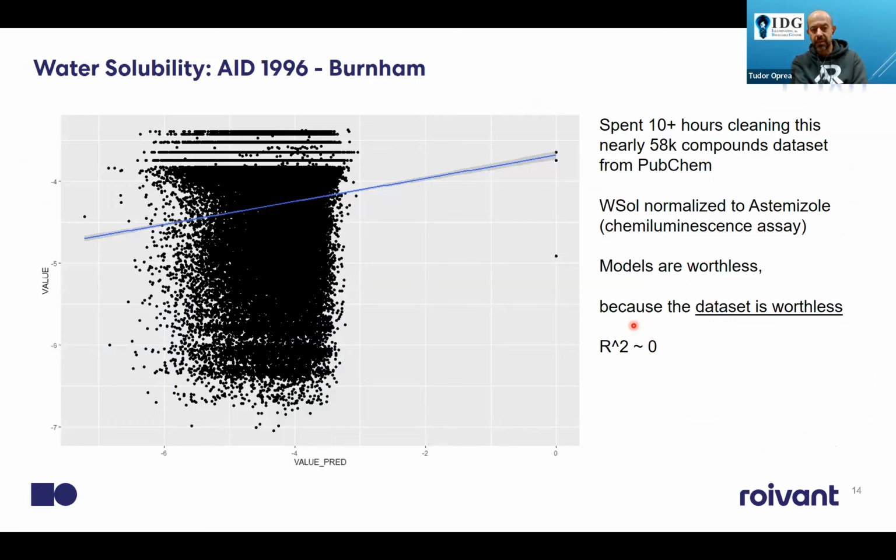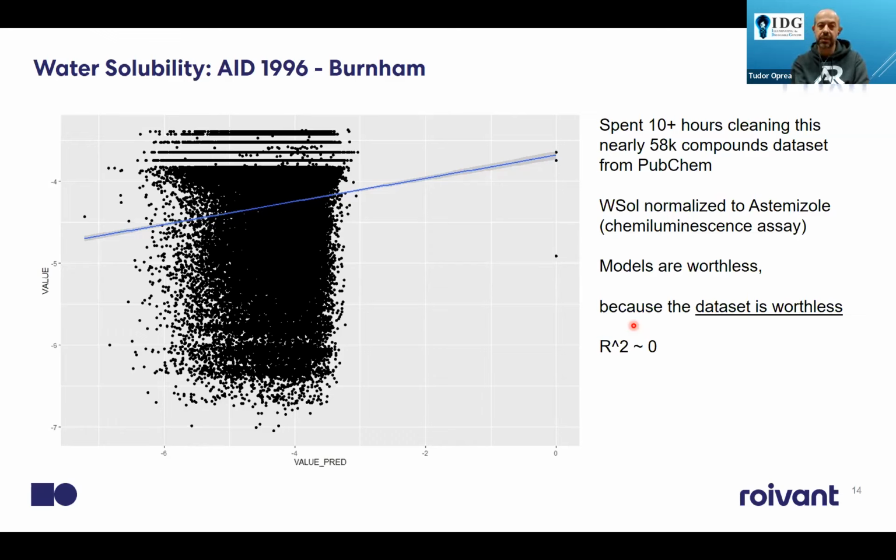Using a chemiluminescence assay, we try to make heads and tails of this. It's not really useful. So the data set doesn't work. You can't use machine learning. You can't even confirm known drugs that are in the data set. If you look at their measured solubility in this assay versus other measured solubilities from different sources, they're simply not compatible. So this data set is useless.